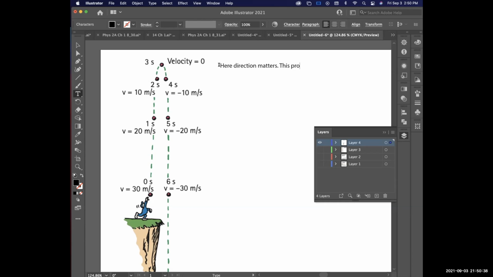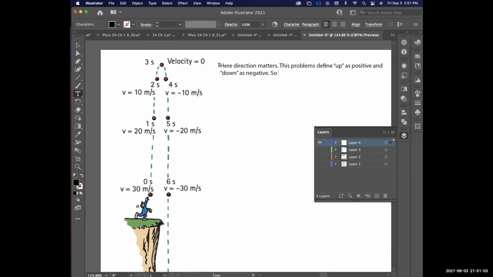This problem defined up as positive and down as negative.